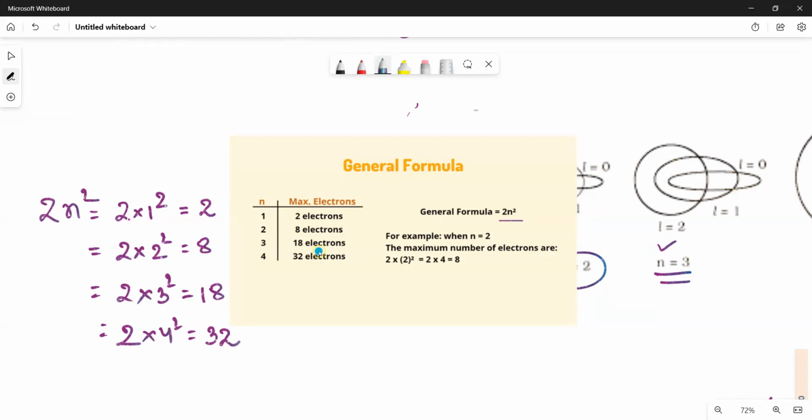It cannot hold more than 2 electrons, right? So if one cell can hold a maximum of 2 electrons, how to accommodate these 8 electrons here? How to accommodate 18 electrons in this third cell, or 32 electrons on the fourth cell?